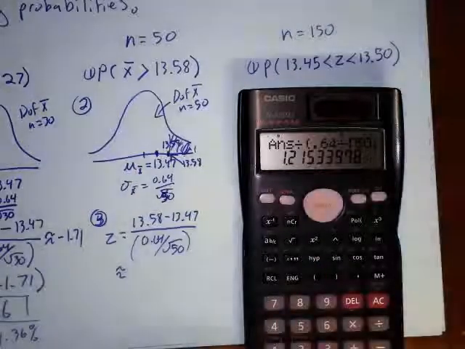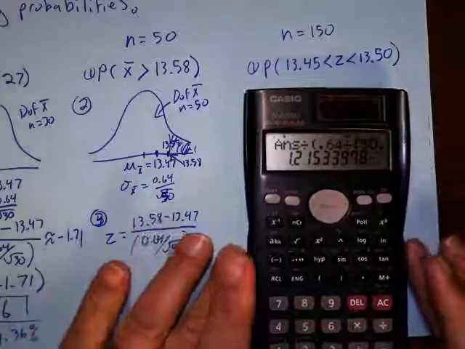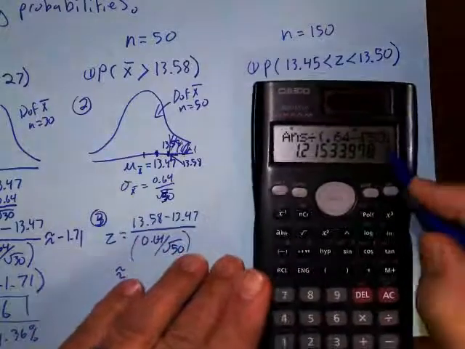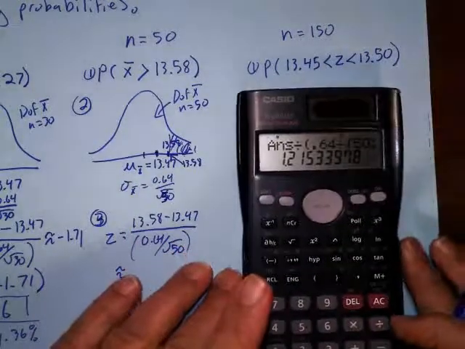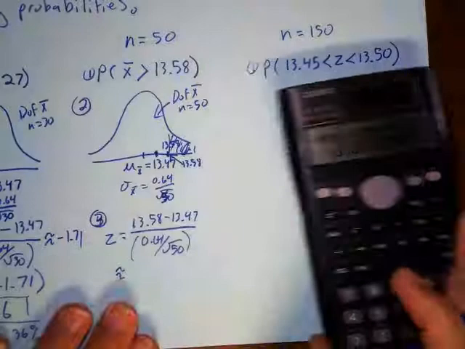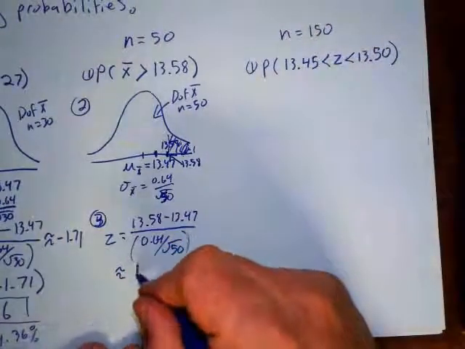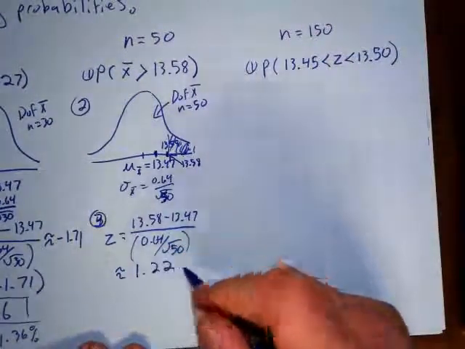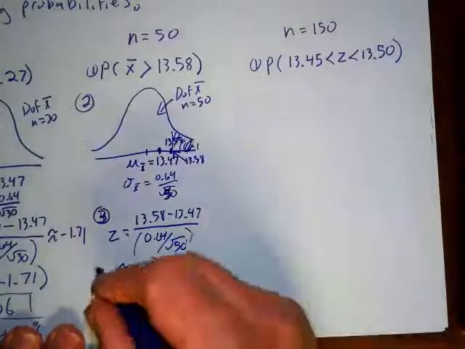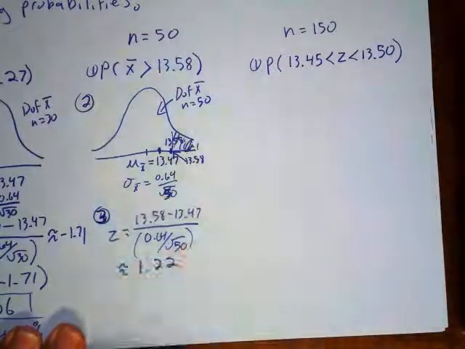There, that's what I came up with before. I'm not sure what I did there. I might not have had that zero. Okay, I get 1.22 here. So my z-score is 1.22. And so that's calculating the z-score.